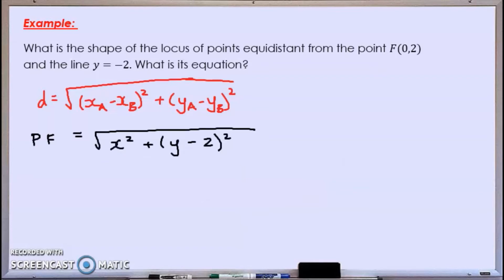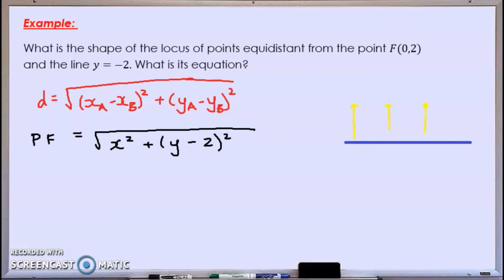Now let's have a look at the second part of this. The second part is the distance from a line y equals -2. Now remember, this is a horizontal line. So what we're doing is we're looking at the distance from this line. And in the context of this question, we're only looking at vertical distances.